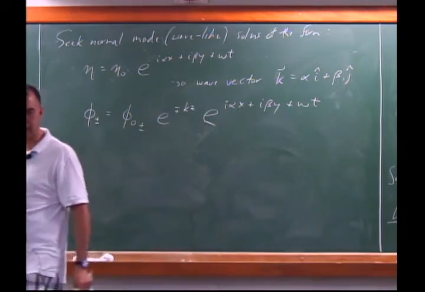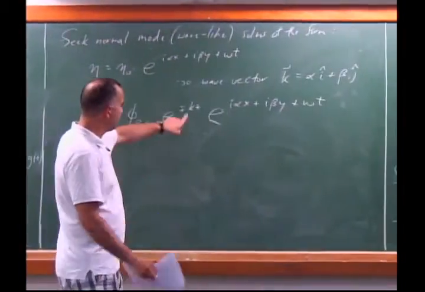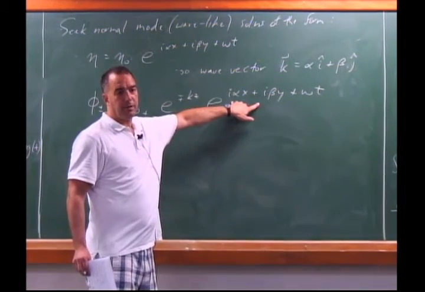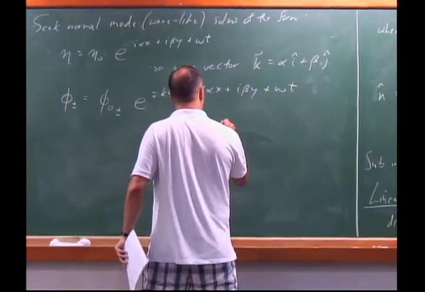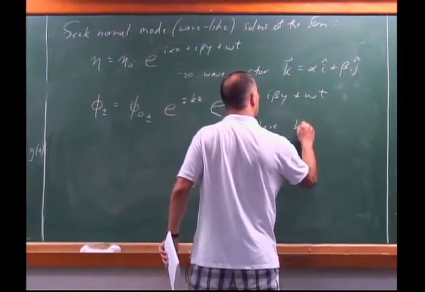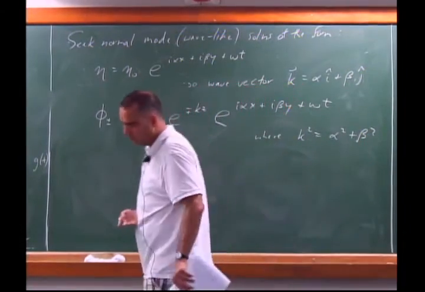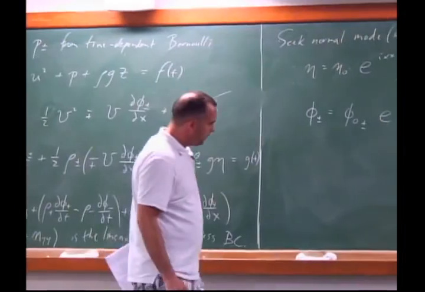So it decays with distance from the boundary, but it also has a wave-like form. All right, because when you take the Laplacian, this pulls down minus alpha squared minus beta squared. This pulls down k squared, and okay, so you have this. It satisfies the harmonic equation.